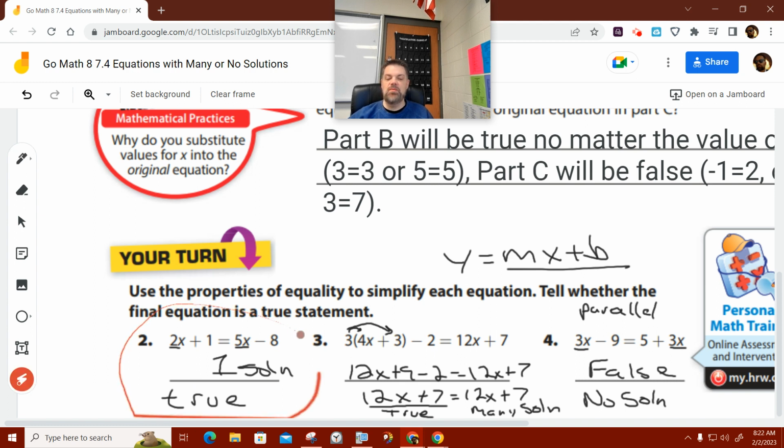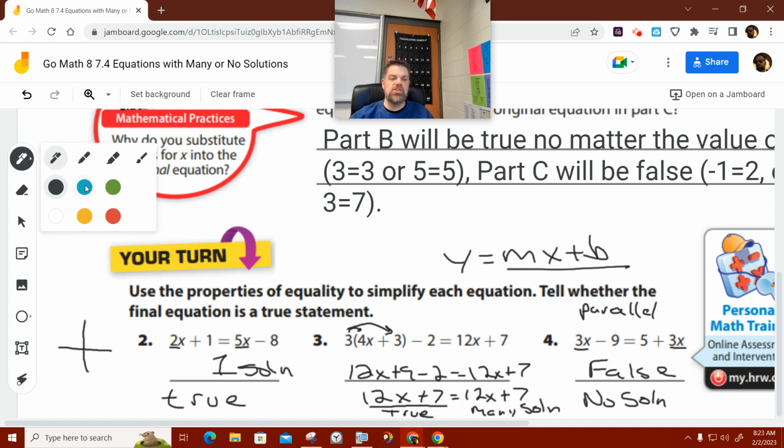Because they have different slopes and different y-intercepts, when I graph them, I don't need to know how or exactly where, but at some point the lines are going to cross.